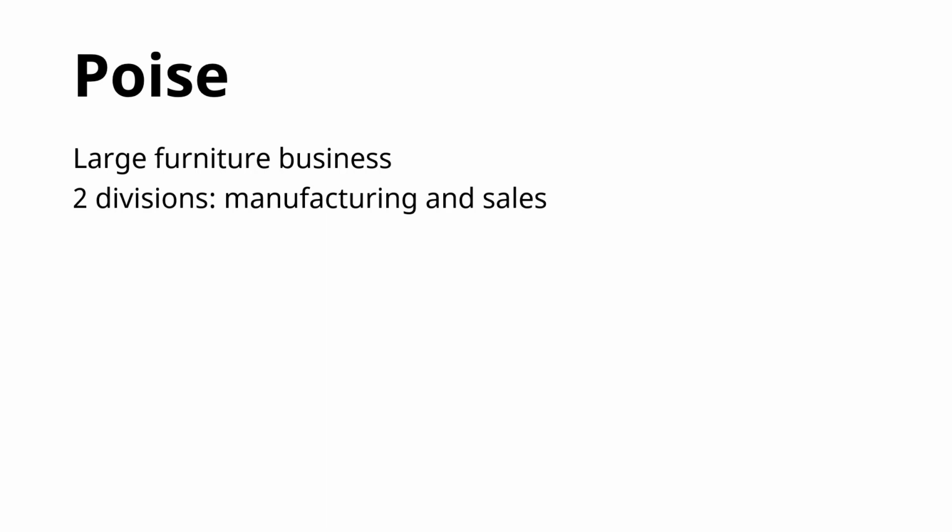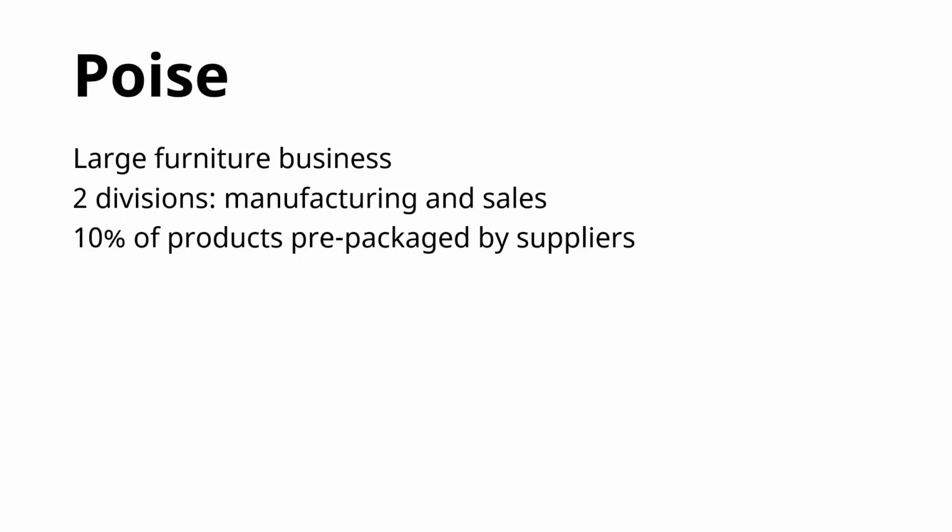I will summarize for you what I read. We learn that POICE is a large furniture company. They manufacture and they sell. They've got 2 autonomous decisions. Manufacturing receives the raw materials, manufactures, and packages, and then moves the finished goods over to the sales division.